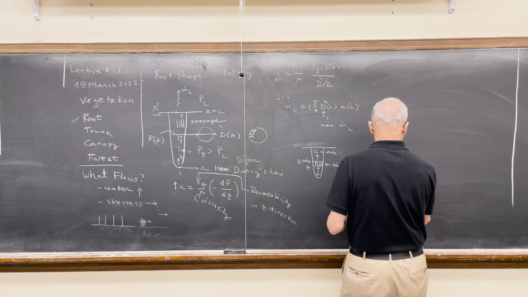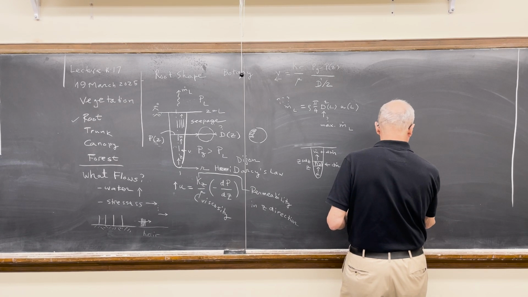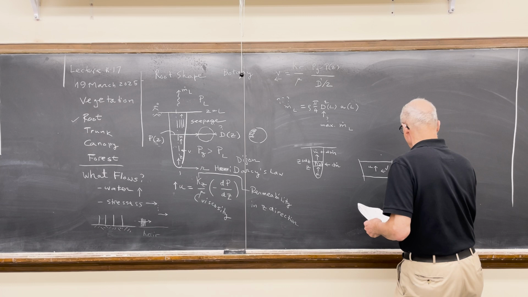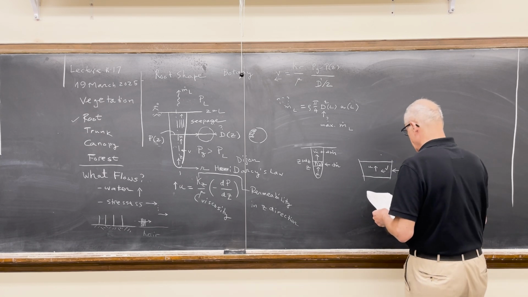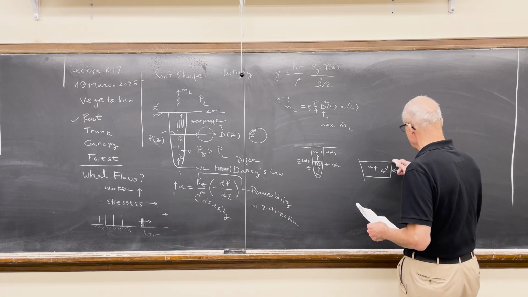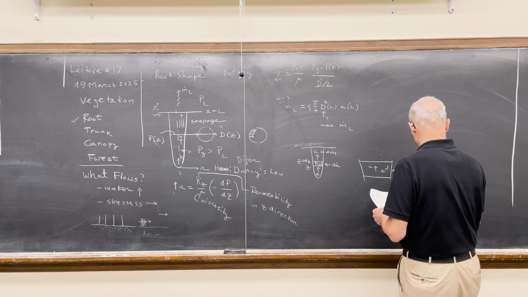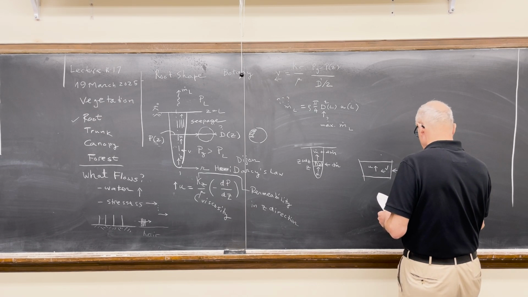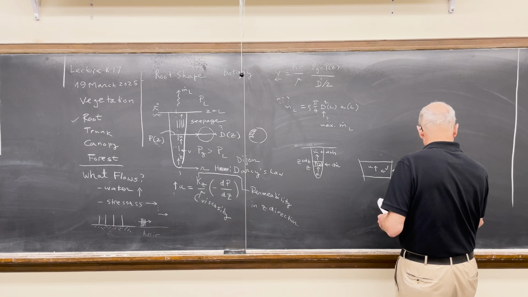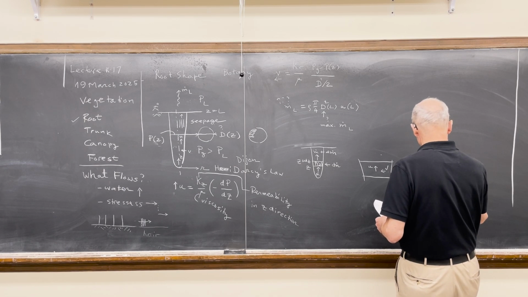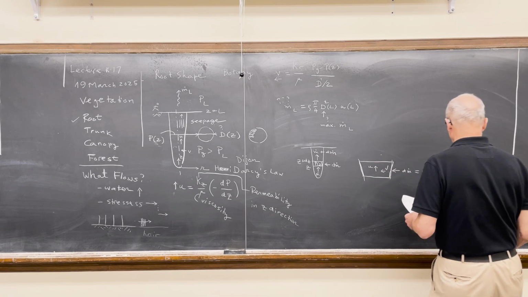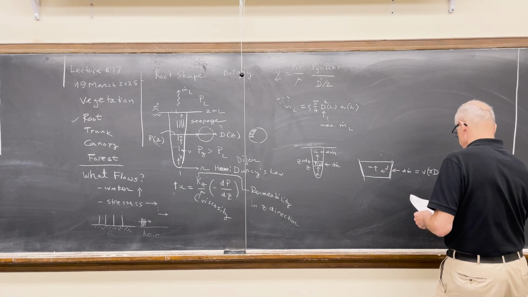d m dot is proportional to this v, namely v times the wetted perimeter, which is pi d times dz. So pi d dz is the lateral area, and of course, the density of water.